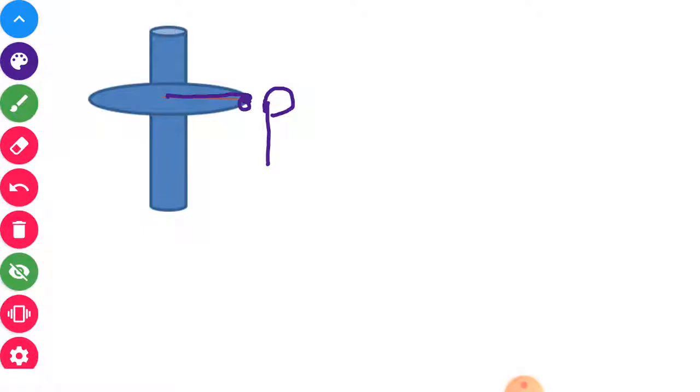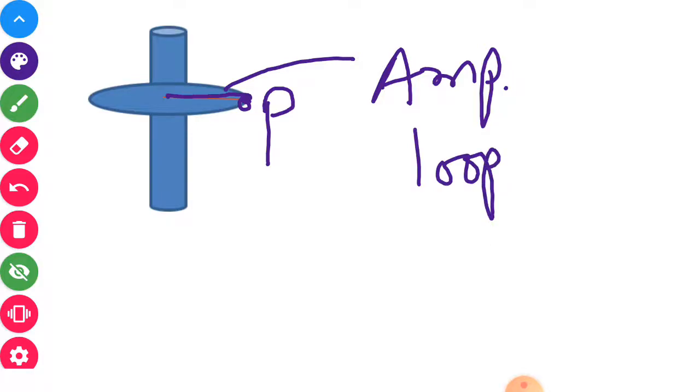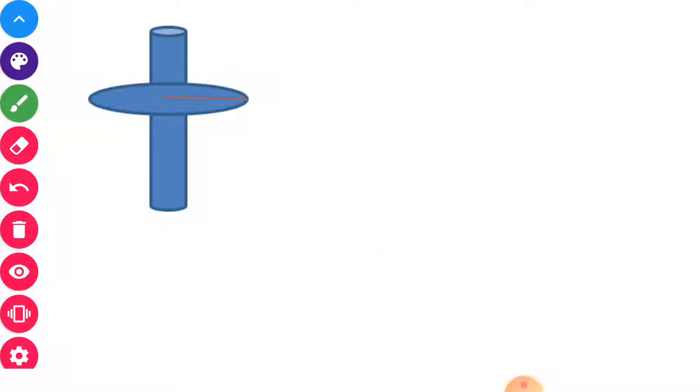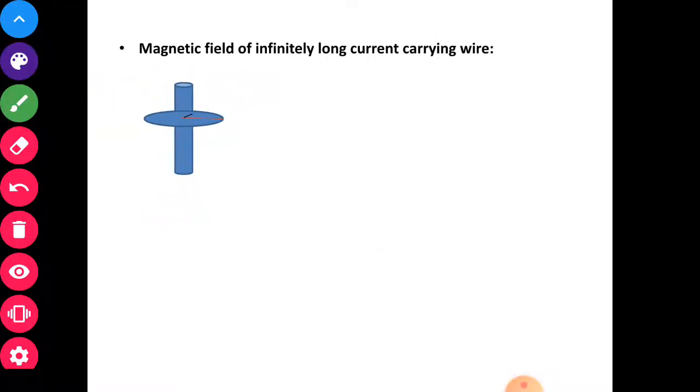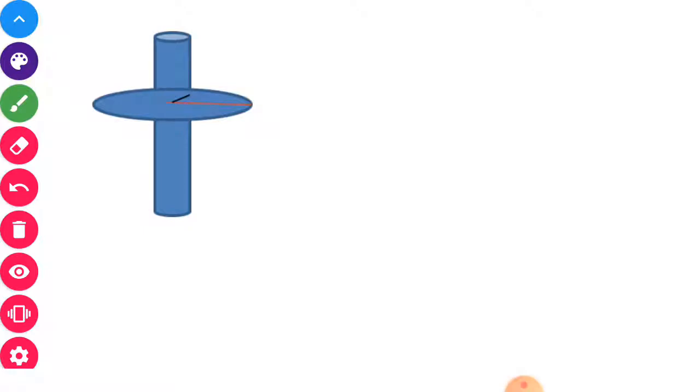So you have chosen this Amperian loop which is passing through the point P where you want to find the magnetic field, and the radius of this Amperian loop is R. Now the radius which is shown by this black colored line is the radius of the wire. The wire is having the radius A. So radius of the wire is equal to A, and radius of the circular loop is R.